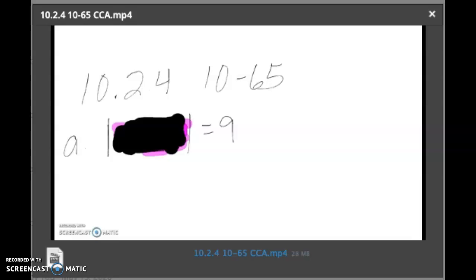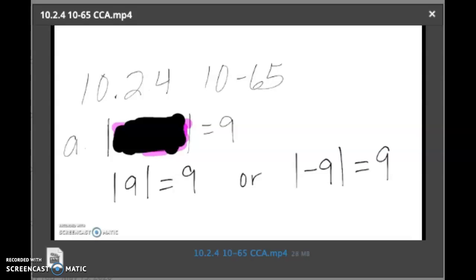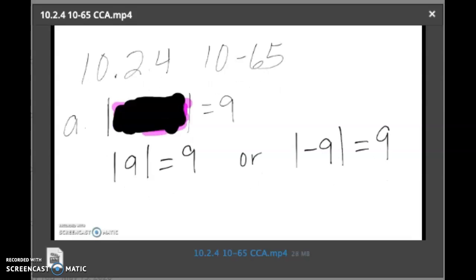You should be thinking that underneath that blob, it could either be 9, because 9 is 9 units away from 0 on a number line, or negative 9 is also 9 units away from 0 on a number line. So whatever is under that blob has to either be equal to negative 9 or equal to positive 9. So I'm going to erase what I covered up and rewrite what it was.